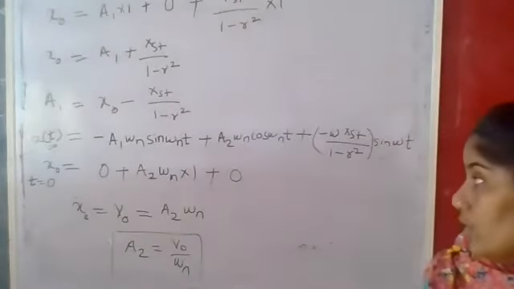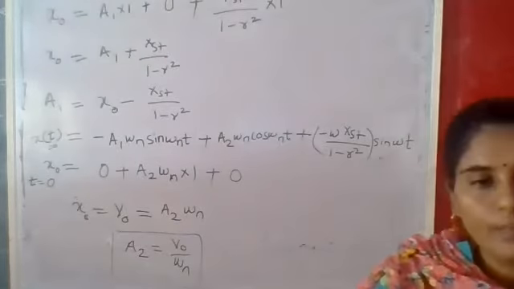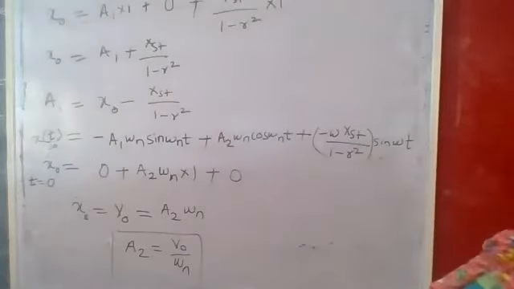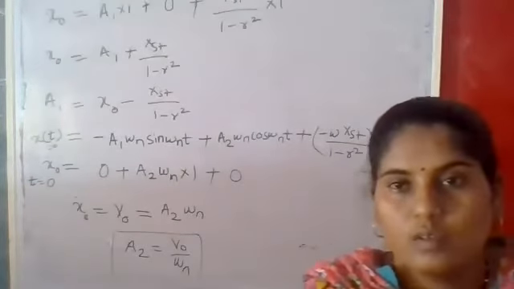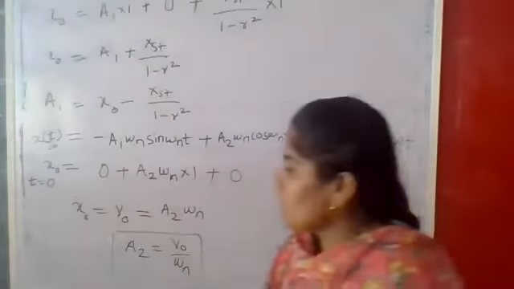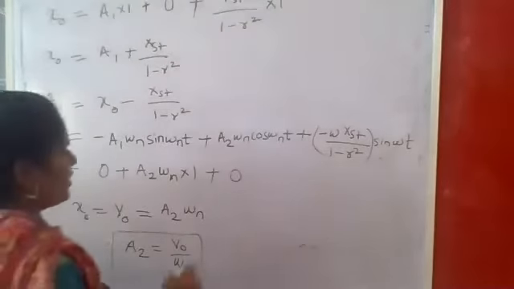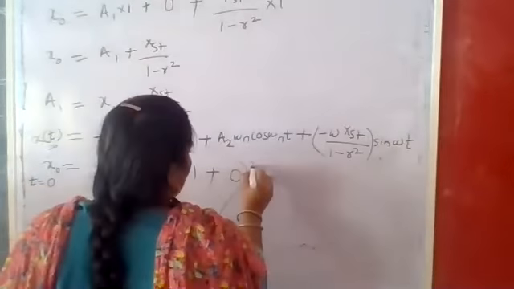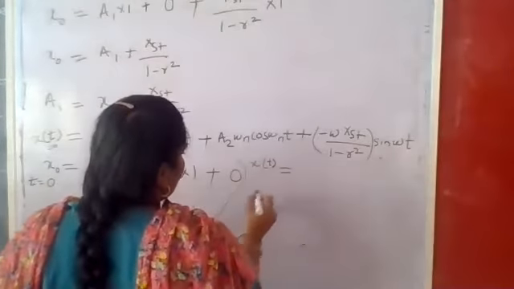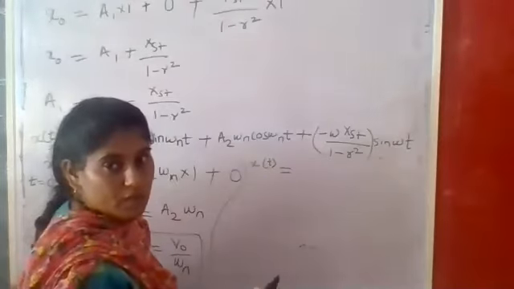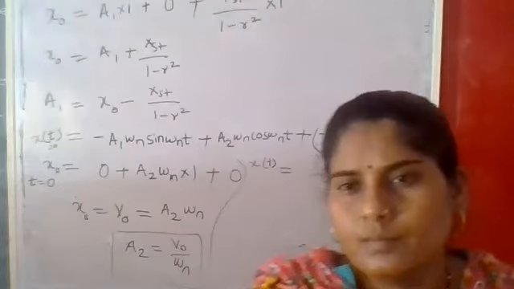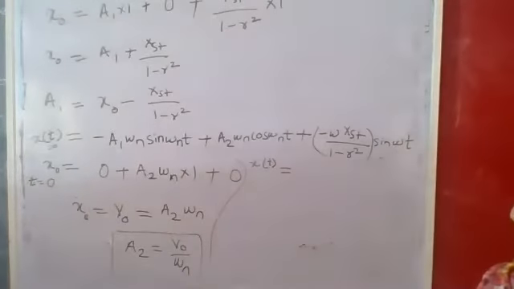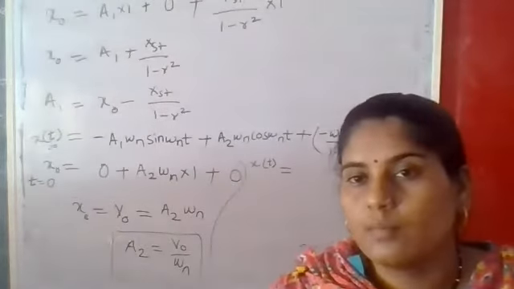Put this value in that equation and we will get a general dynamic equation for the forced vibration of undamped system. So below this write x of t is equal to, for both these cases, the first and the second.